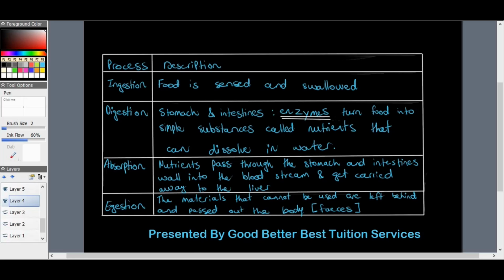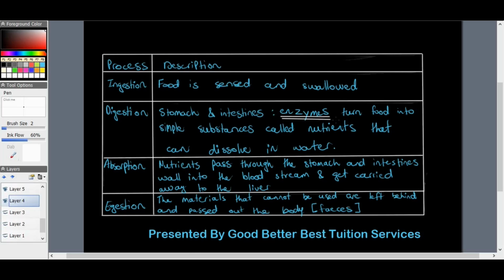And once those nutrients have passed out, they go into the bloodstream and get carried away to the liver. So your liver plays a big role in absorption of the nutrients. And then it goes to the different parts of our body, different organ systems, where it's used for a specific function, whether it be muscle tissue repair, etc.